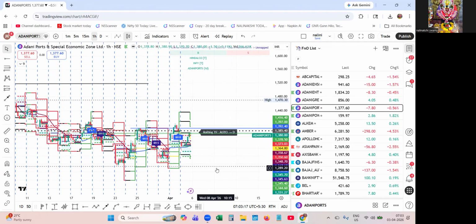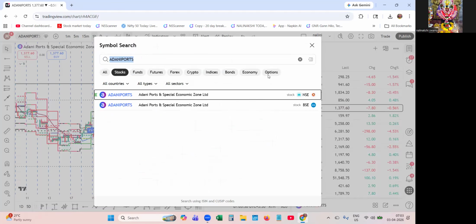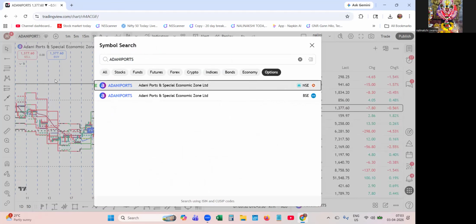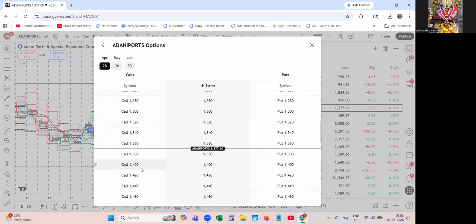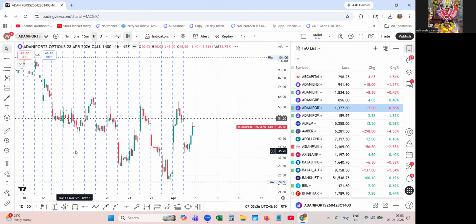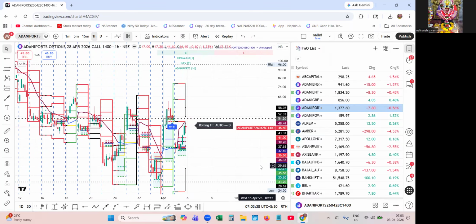All of you can keep Adani Ports in your watch list and track the 1400 call option simultaneously. Let us put the EP over here.